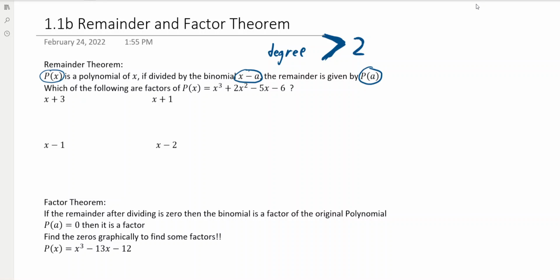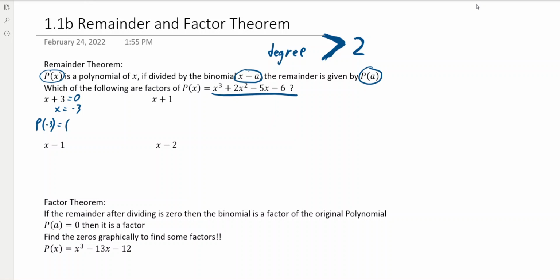So just to start this, we make this binomial equal to 0, and then we solve for x, so in this case negative 3. And then we plug in that value of negative 3 into our polynomial, which is here.